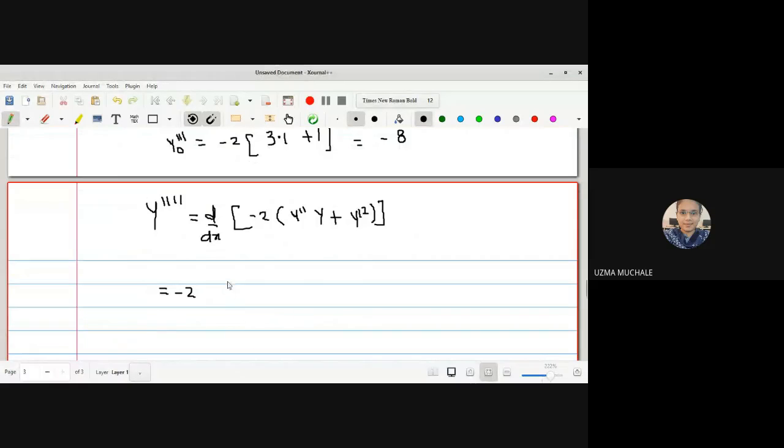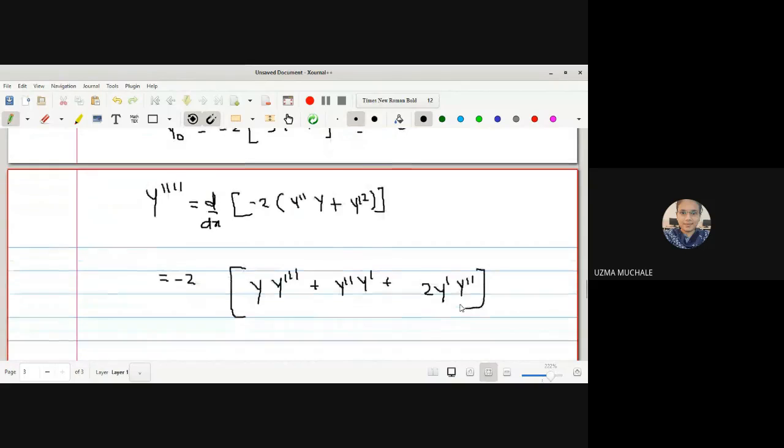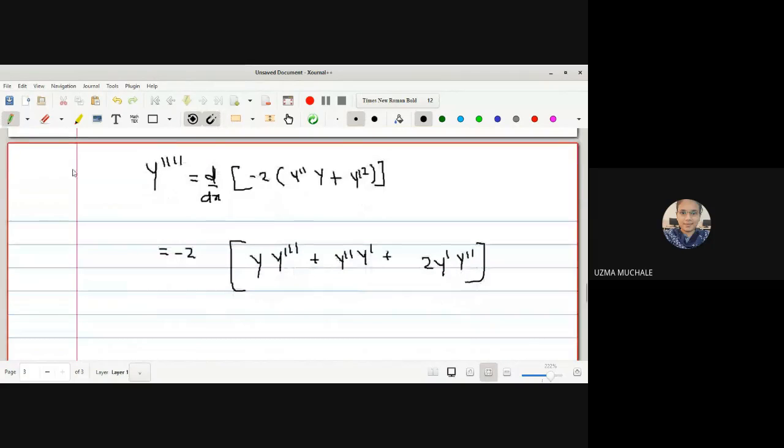Taking minus 2 outside, we have to evaluate the derivative of this term. So y as it is, derivative of y double dash is y triple dash, plus next term y double dash as it is, derivative of y is y dash, plus 2 times y dash, derivative of y dash is y double dash. Are you getting how to find out the derivative? Yes, ma'am.